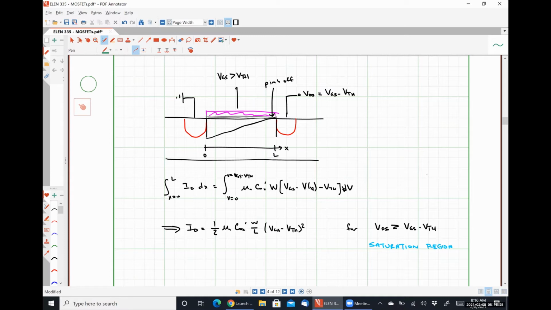So we're lowering the effective length of the channel. This phenomenon is called channel length modulation. It is effectively the same thing as the early effect that we saw in BJTs, where when VCE was significantly large, the width of the base region got smaller and so we saw the current increase. Here we're seeing the dimensions of the channel decrease, which also causes a subsequent increase in current.